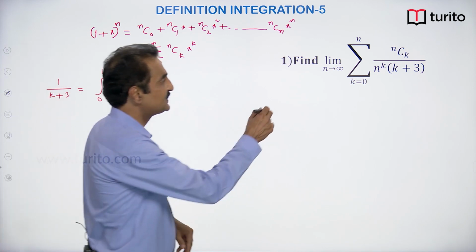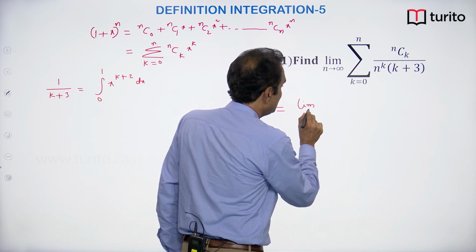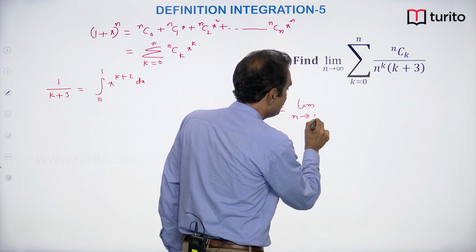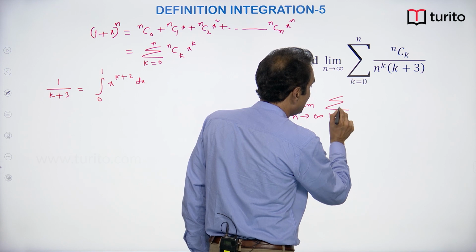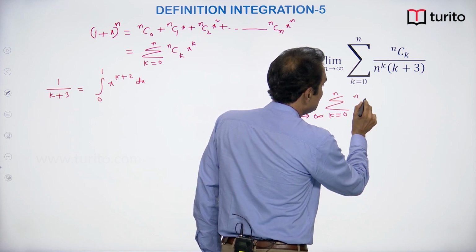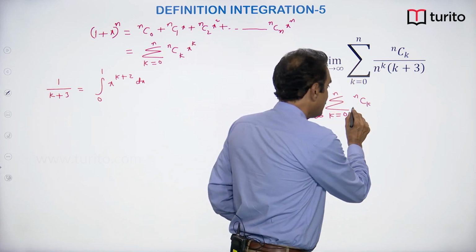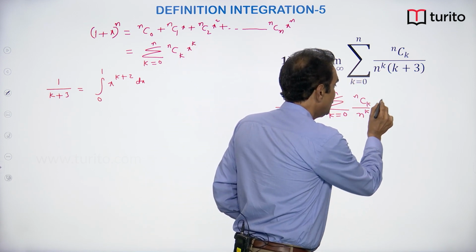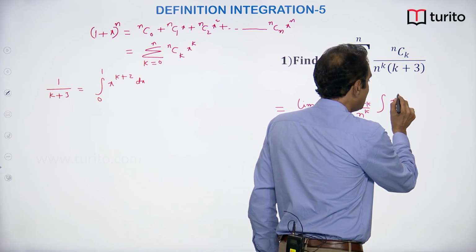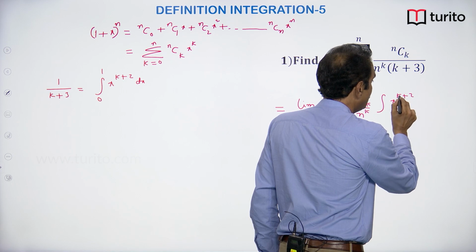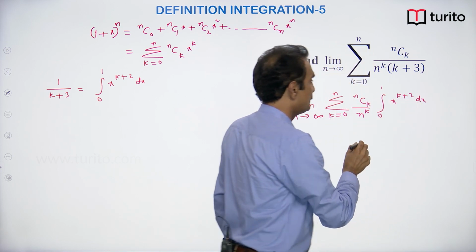Now, let us take this limit n tends to infinity, sigma k varies from 0 to n, nCk by n power k into integral of x power k plus 2 dx between limits 0 and 1.